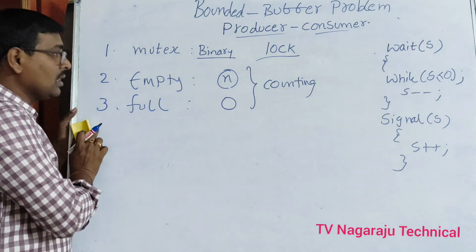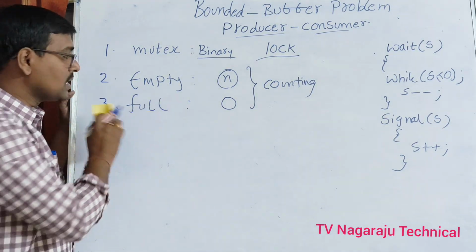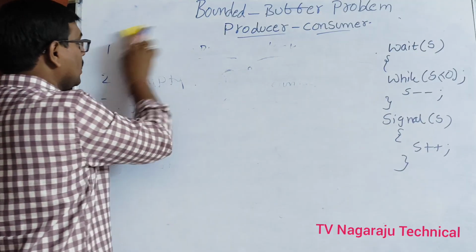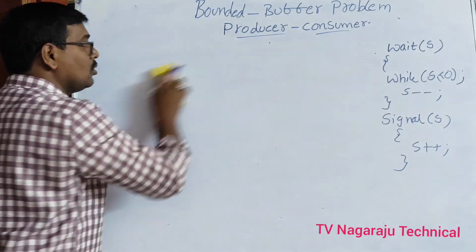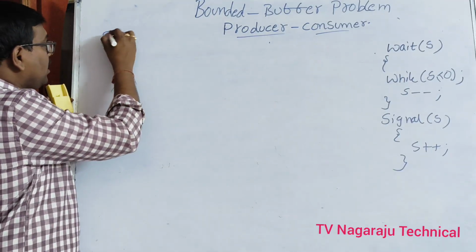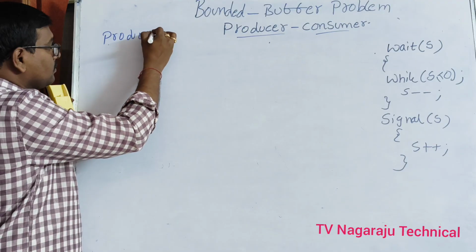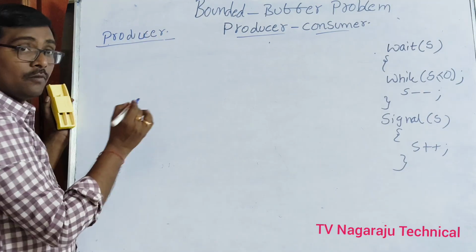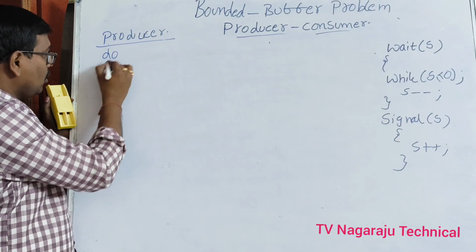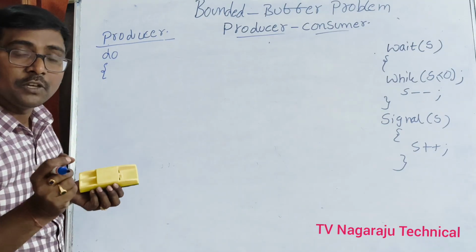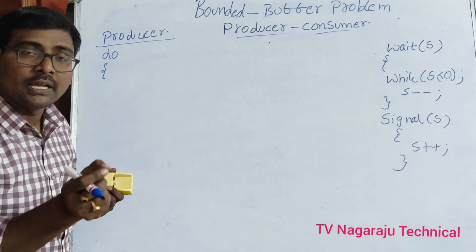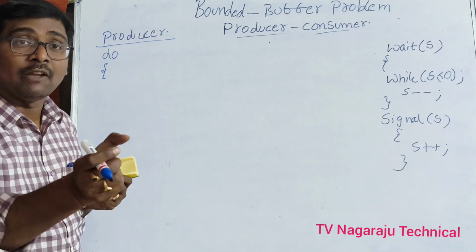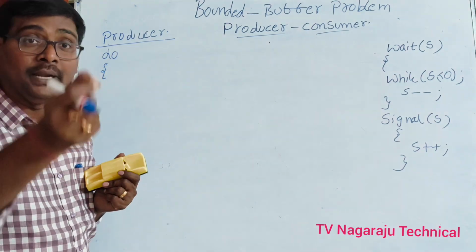Now I will write down the logic of the producer and consumer problem and how those achieve the solution. First I will write down the producer. First, do while. What is the first step? In the producer, first you need to check whether the buffer is empty.